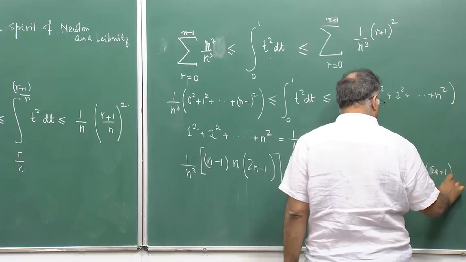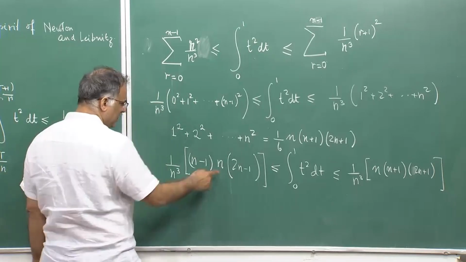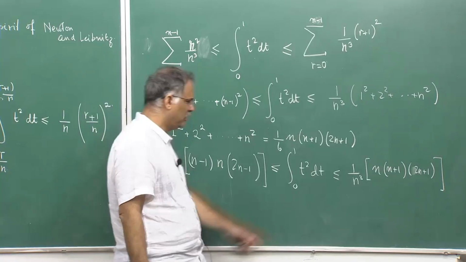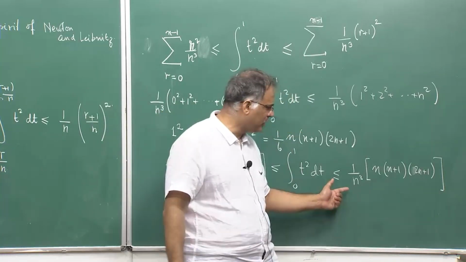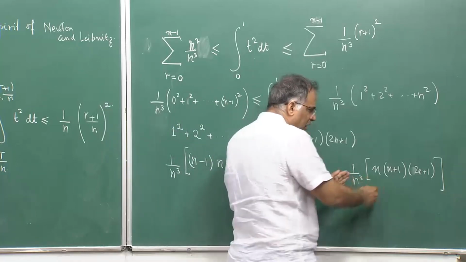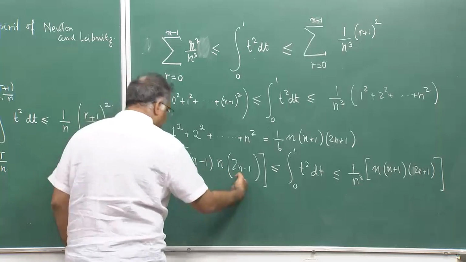Now what I will do is a simple trick. I will divide this n cube by n square times n. So I will have 1 by n square in the denominator, and then I will split 1 by n square into 1 by n into 1 by n, and then divide 1 by n with each of the factors.